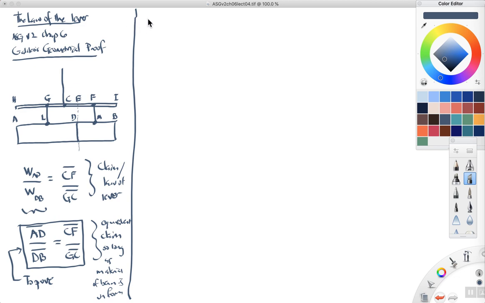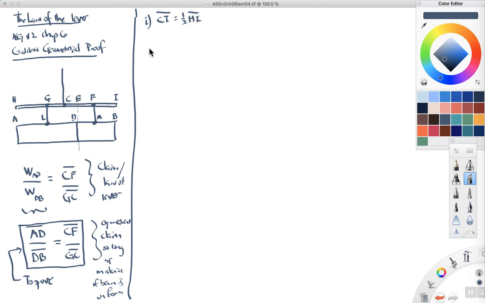Okay, so first of all, I'm going to number these so they're easy to refer to. Point 1 is that the distance CI is going to be 1/2 of the distance HI. So CI is 1/2 of HI.